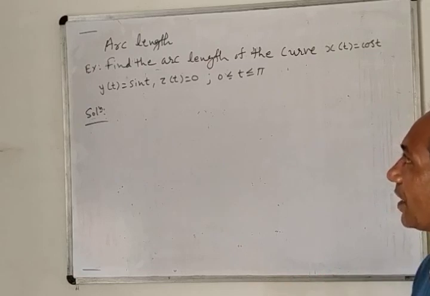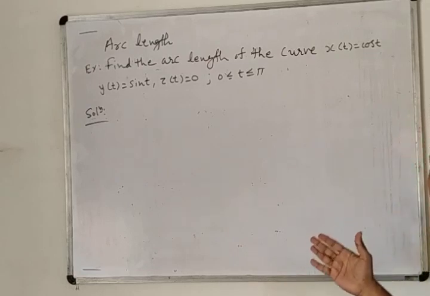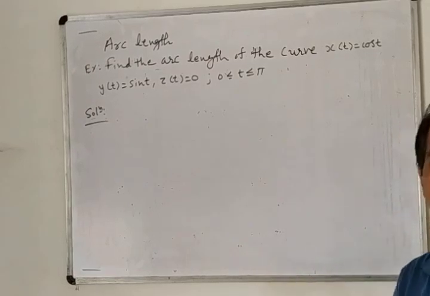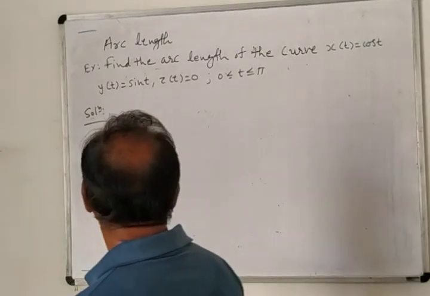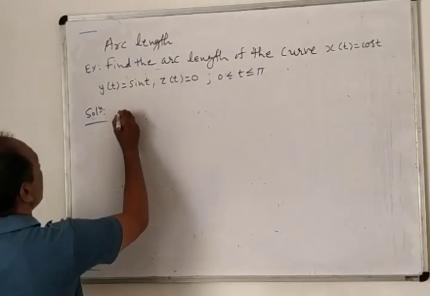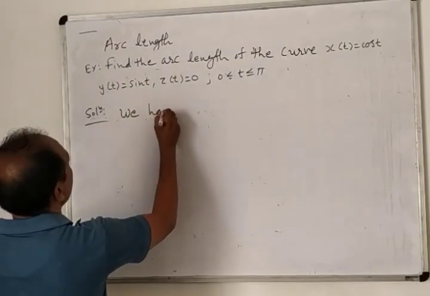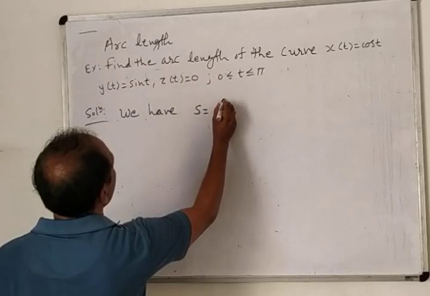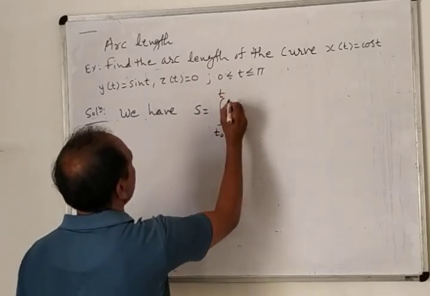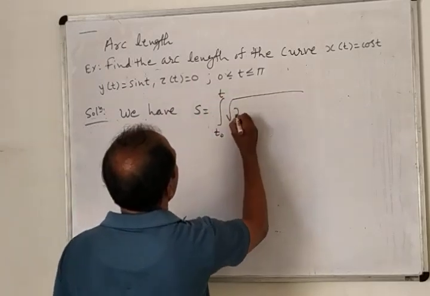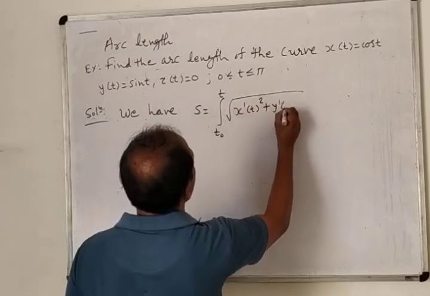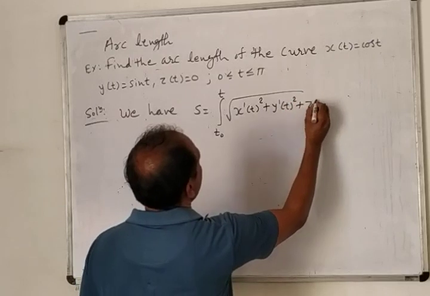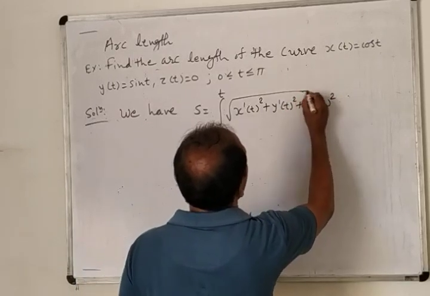In this way we can write, or we can directly use x(t), y(t) and z(t), because we have also seen the formula for s in the form of x, y and z. So s equals the integration from t0 to t of the square root of x dash t whole square plus y dash t whole square plus z dash t whole square dt.